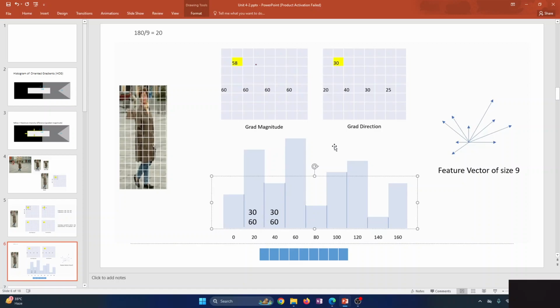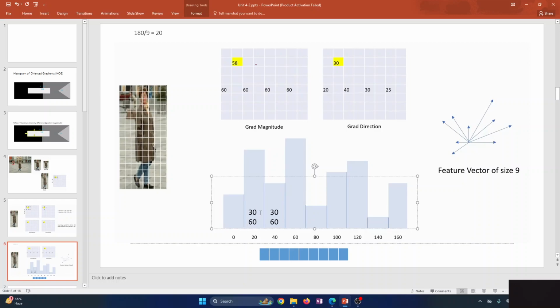Now next is 25. The corresponding value to 25 is 60. Now again, 25 is a little bit far away from 20 and much farther from 40. Are you getting it? So mathematically, we should divide it into 3 by 4 and 1 by 4.